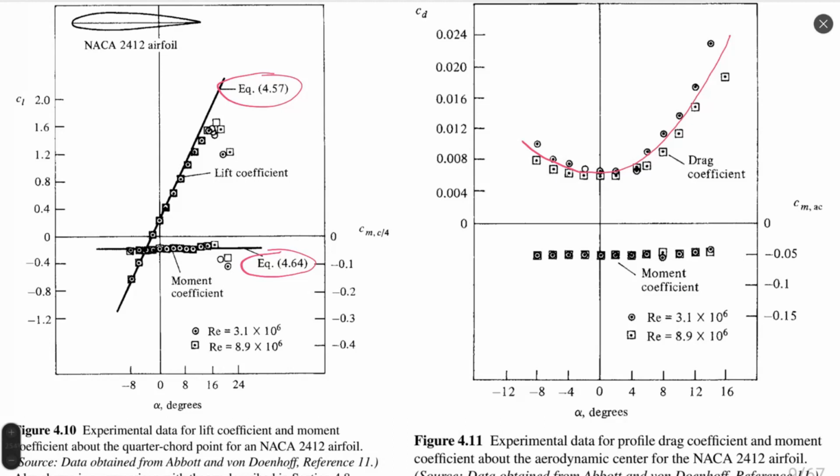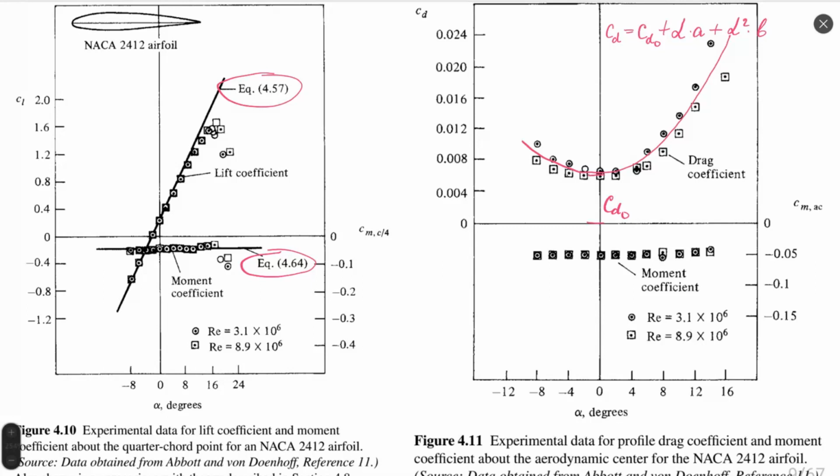Let's try to write CD as some coefficient A, which corresponds to CD0, the drag coefficient at zero angle of attack, plus alpha multiplied by a linear coefficient, plus alpha squared multiplied by another coefficient.